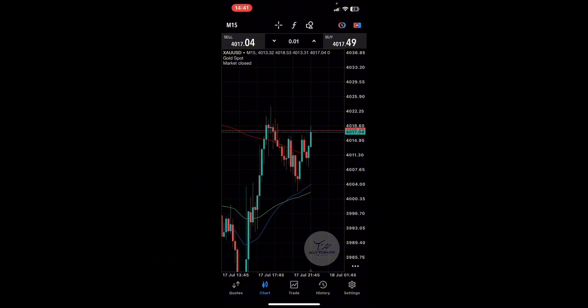We may make the same amount of pips, but our profits will differ because we are using different lot sizes.